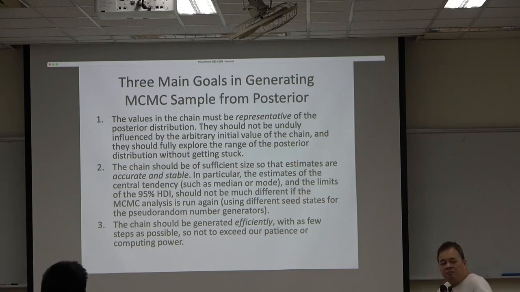In other words, the proposal distribution needs to be able to explore the whole posterior region where p of theta has non-zero value. So obviously this has something to do with how effective your sampling technique is. For example, compared to the Metropolis algorithm, Gibbs sampling is much more effective.